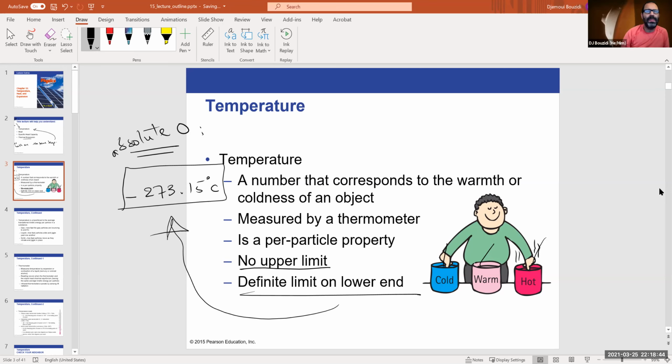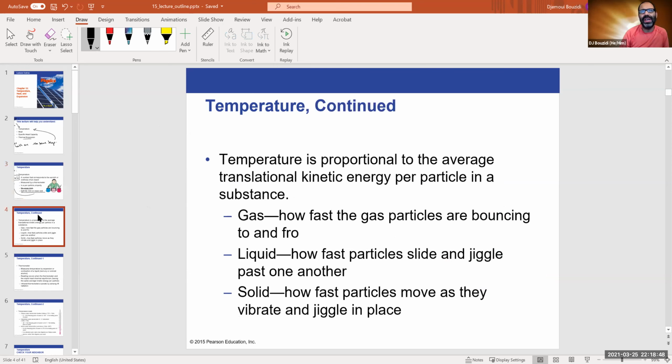And it's basically the property of how fast the constituents or the particles that make up the object are moving on average. As a matter of fact, it's the average kinetic energy of the particles that make up the object.